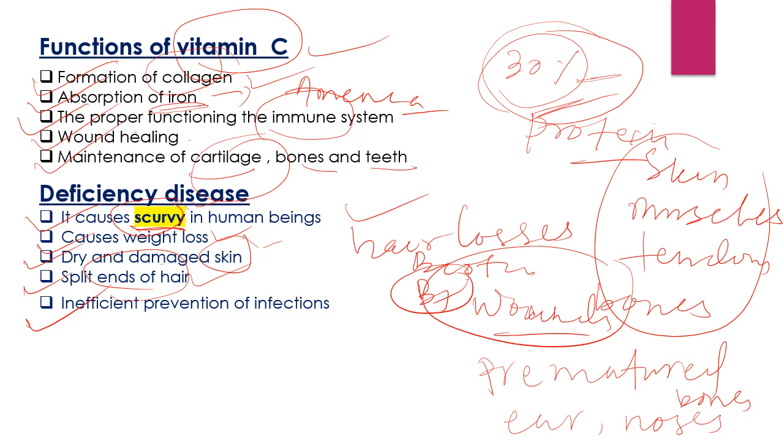Due to the deficiency of vitamin C, there is inefficient prevention of infections. When some accident takes place and you get a wound, the infections won't heal quickly if there is a deficiency of vitamin C. So vitamin C also prevents infection.